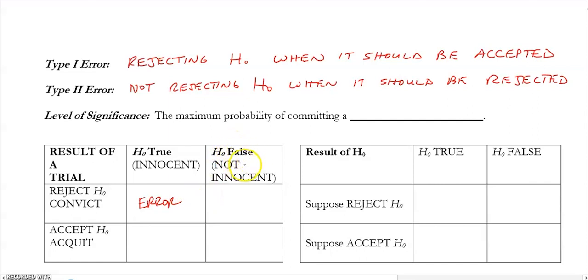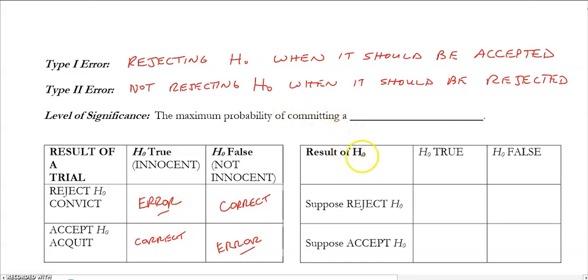Suppose they're not innocent, in other words, they're guilty and they are convicted, then this is correct. If the person is innocent and they are acquitted, that's correct as well. And if the person is not innocent or guilty and they're acquitted, we know that another error was made.